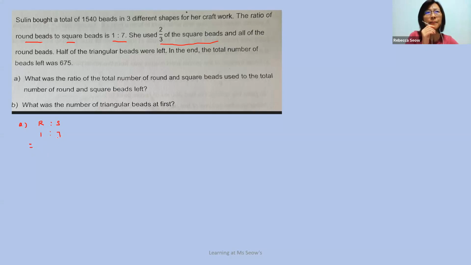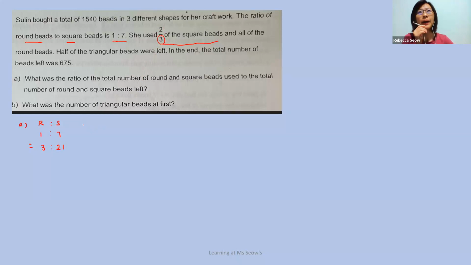Okay, so under 7, we want to consider the third multiple of 7, which is 21. Okay, so 3 to 21. This 21 over here can be divided very nicely into 3 equal units, 3 smaller units, so to speak.